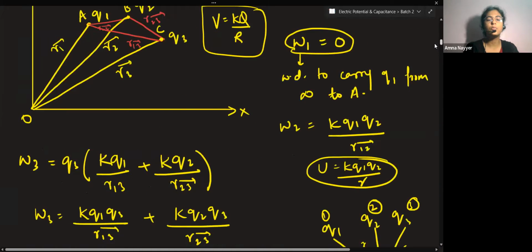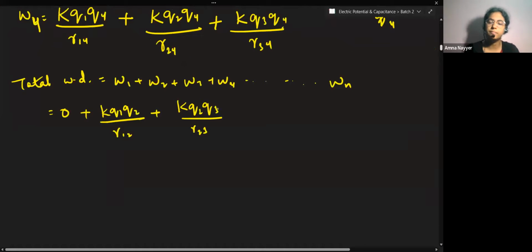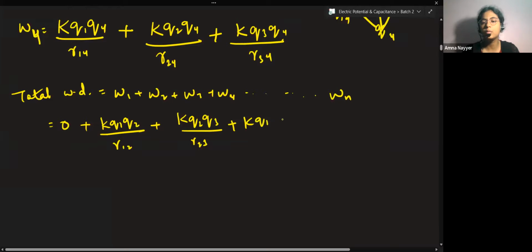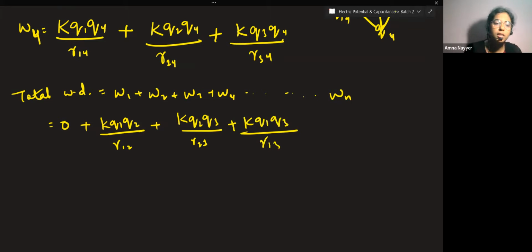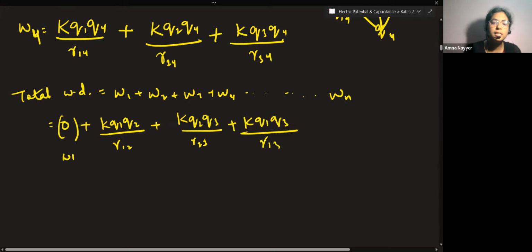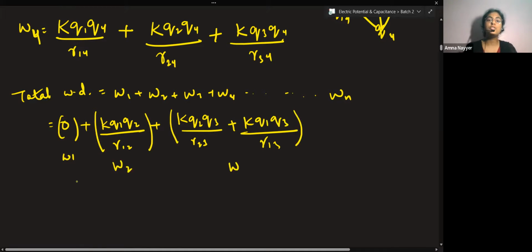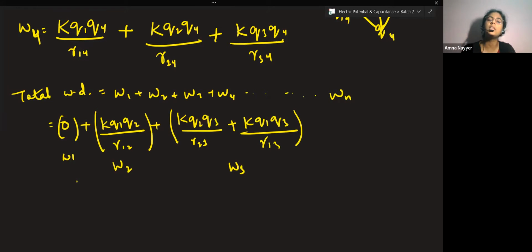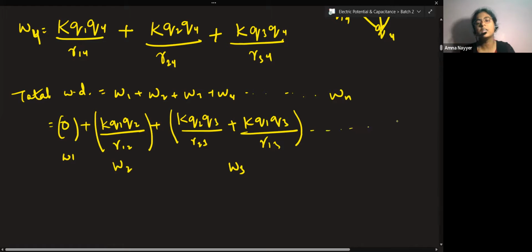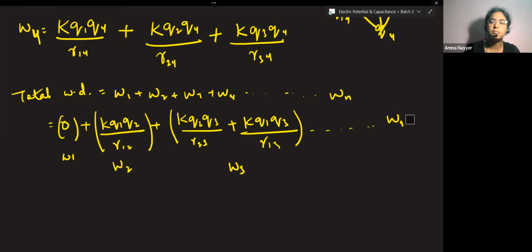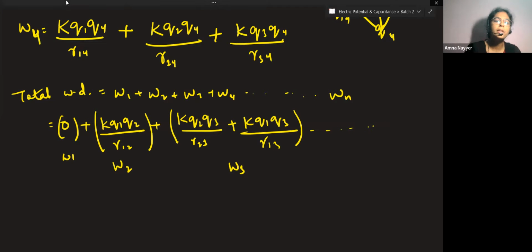It is K Q1 Q3 divided by R13. So this is what? This is W1. This is W2. This is W3. You just have to write the values. Once you know how to write the value of work done, you just have to put in the values. Up till where? Work done by n number of charges. If you have n number of charges, you can write it in this manner. Just in order to remember it. How are we writing? Constant K is there.